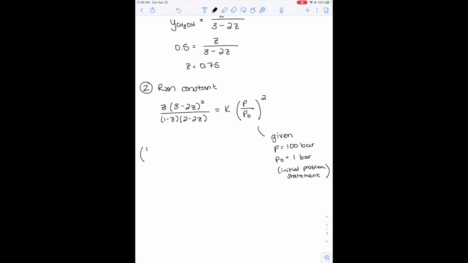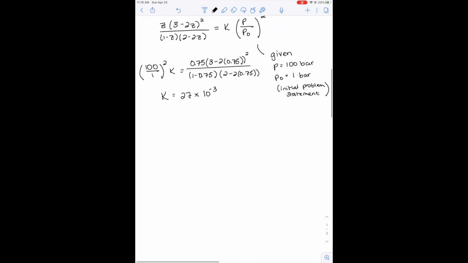So from here, we're just going to plug in our values of 100 bar over 1 bar, squared, and then times K. Then we plug in 0.75 for our z values, and we are able to solve for K. After we solve that, we see that K is equal to 27 times 10 to the negative 3 as our reaction constant.